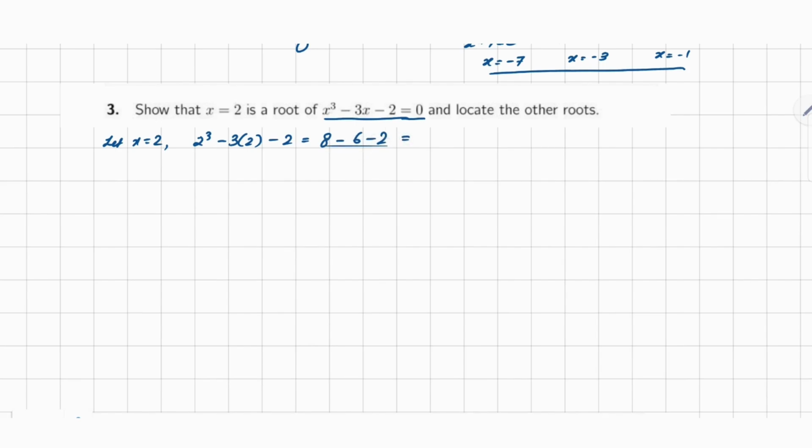This gives us minus 8. So 8 minus 8 equals 0. And this shows that x equals 2 is a root.